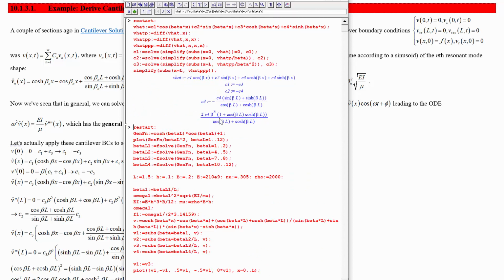Okay, so we need this to be 0, but we don't want to make v hat always equal to 0. So we're not going to take C4 equal to 0, because that's all we had left, right? V hat at this point looks like this, so C4 is in every single term. If we take C4 equal to 0, then we don't have any mode shapes. We've just got the trivial solution. So forget that. And similarly, we don't want to just put beta equals 0, because that's also the trivial solution too, if it's a solution at all.